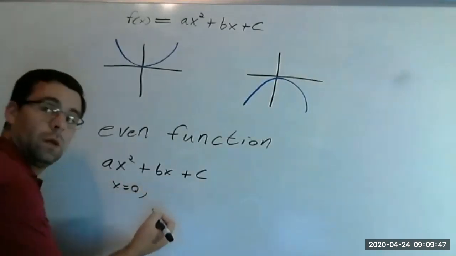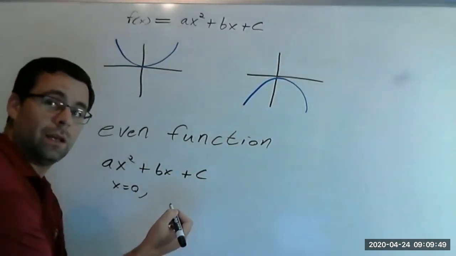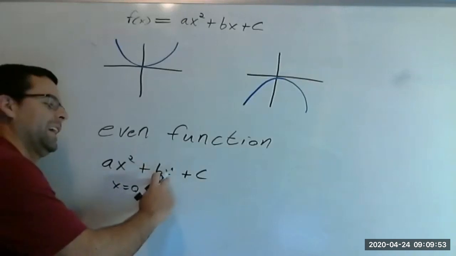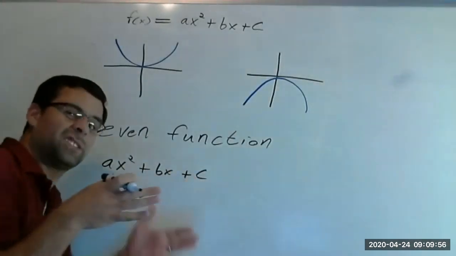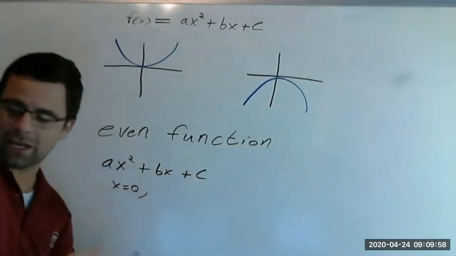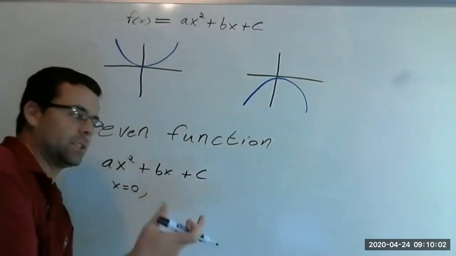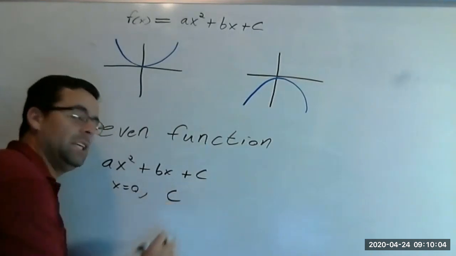Yeah, when x is 0, that cancels, that cancels. And so with a small value of x, the determining factor is c.